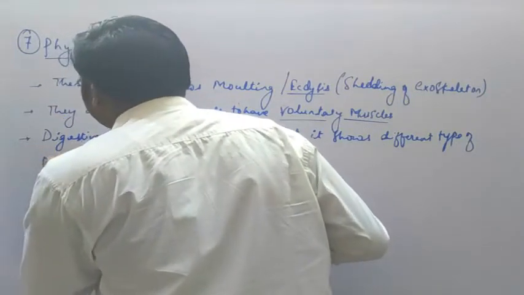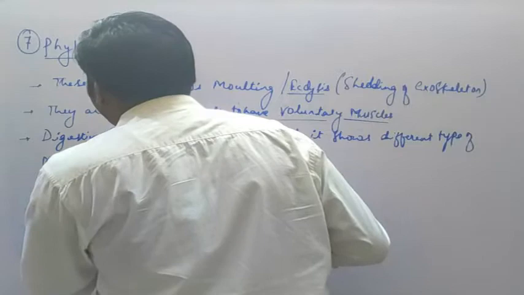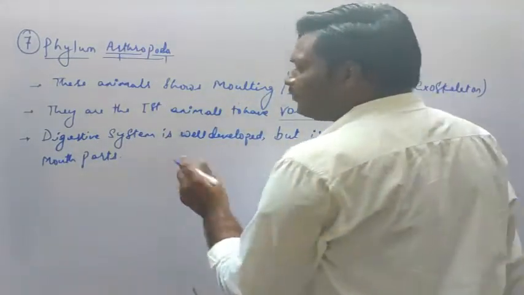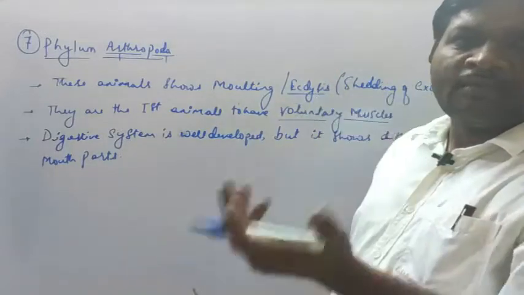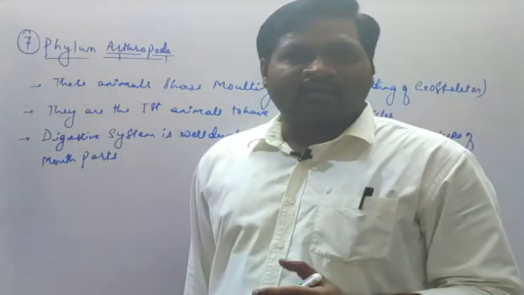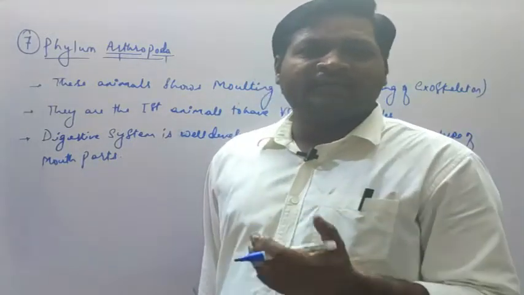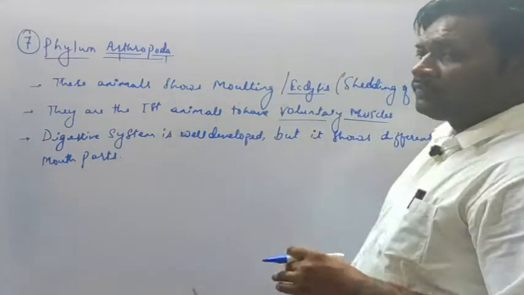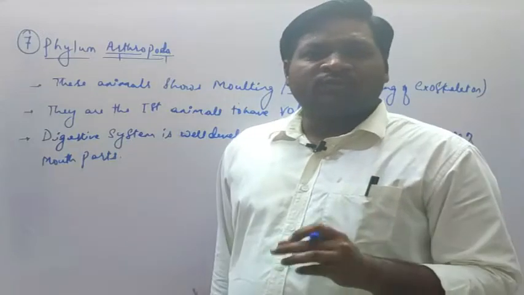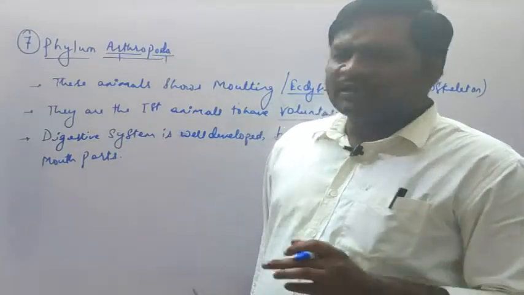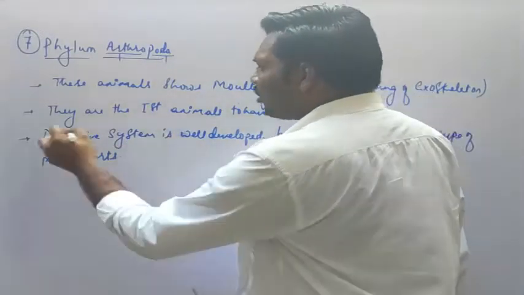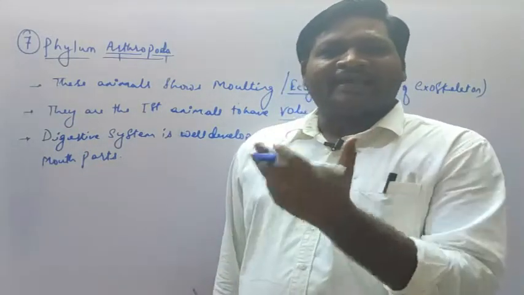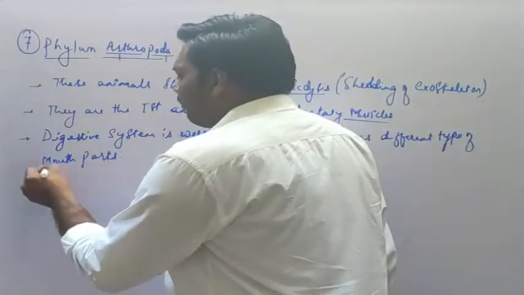Mouth parts. See, in arthropods, as they have a well developed digestive system, it will start with the mouth and end with the anus, and it will have a tube within tube type of body plan. But still, in arthropods we can see different types of mouth, because the digestive system starts with the alimentary canal, and the alimentary canal starts with the mouth.